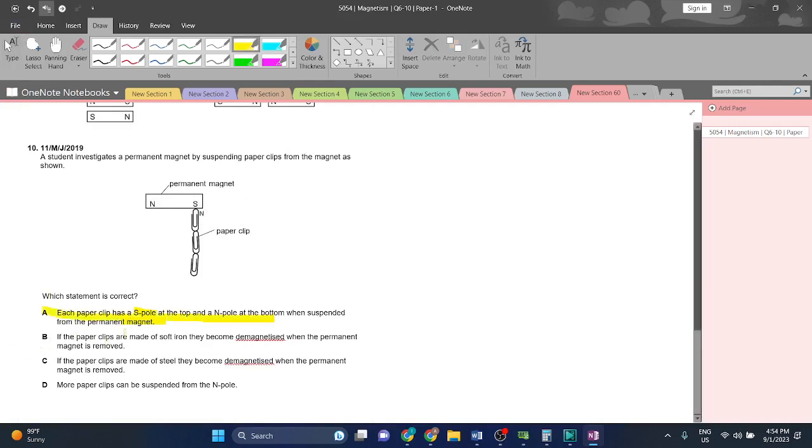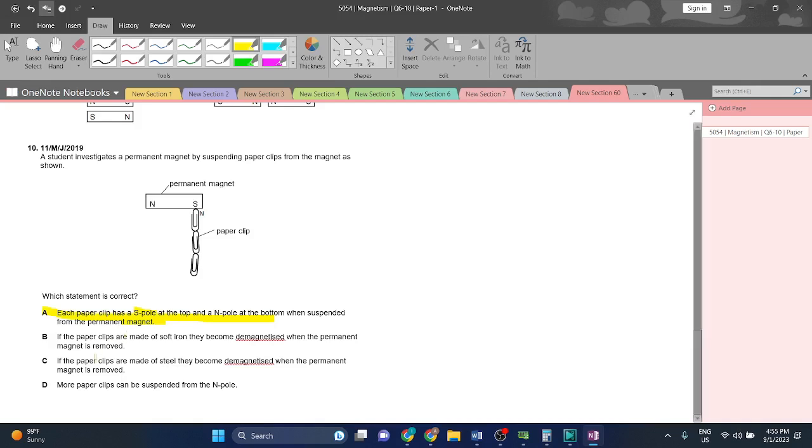If the paper clips are made of soft iron, they become demagnetized when the permanent magnet is removed. If something is made of soft iron, it has a tendency of magnetizing and demagnetizing very quickly. So when it is removed from the permanent magnet, it will instantaneously demagnetize and lose its properties. That is a pretty straightforward fact.